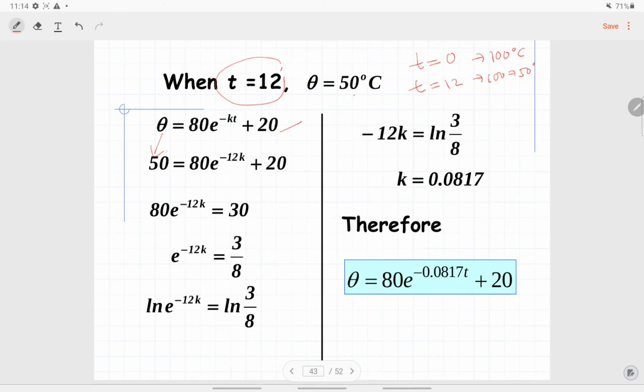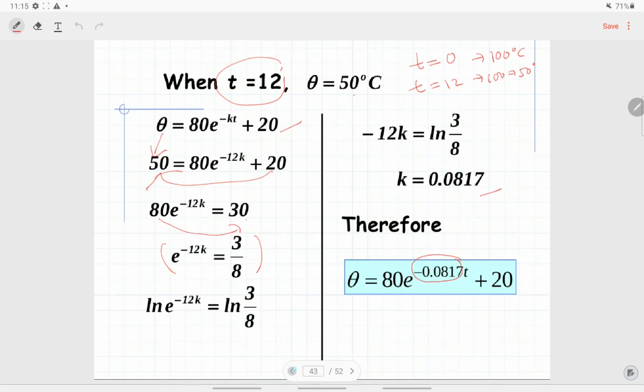So we substitute the value of theta is 50, and then we solve this one. We bring over the 20 here, get 30. Also we can bring it to the right hand side, multiply with ln, and then we can get the k value here. So now we have the value of k.